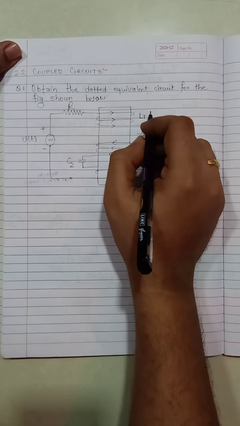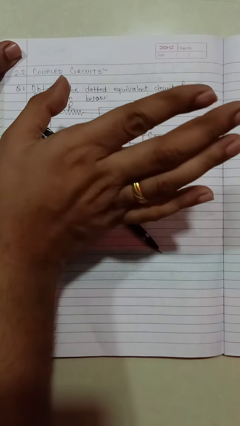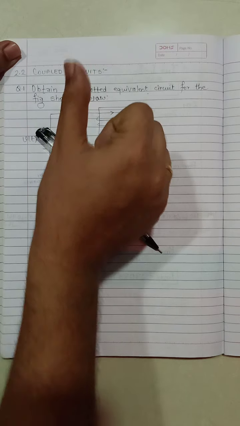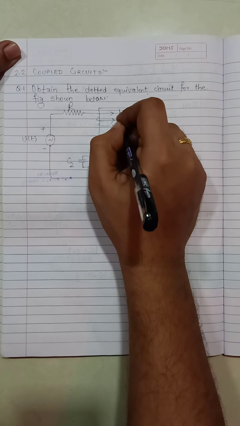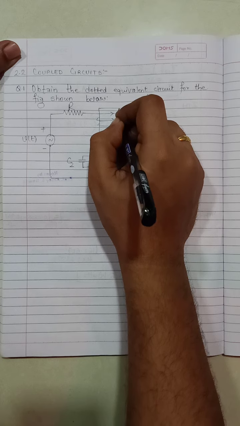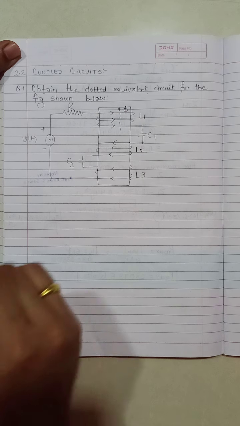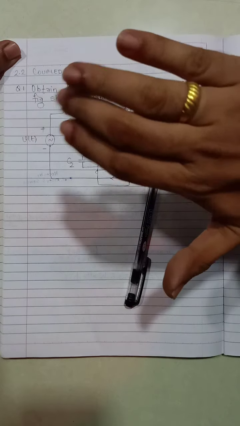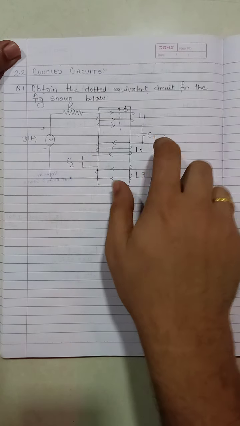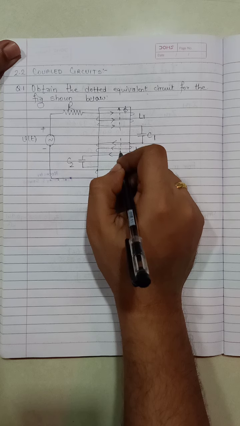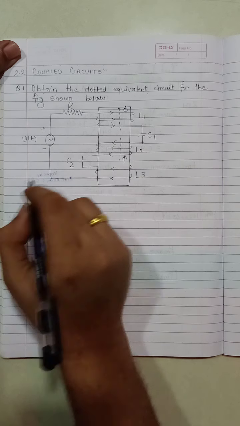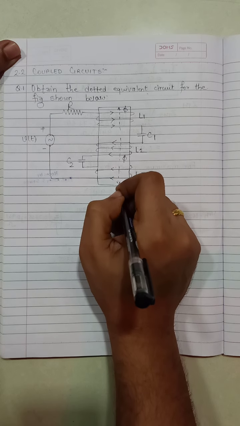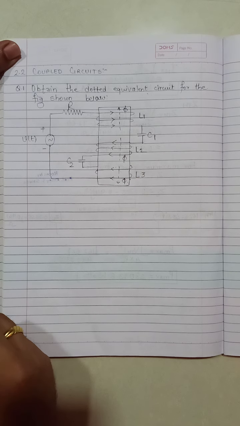So as per the right hand thumb rule, if the current is flowing in this direction, the flux will be induced in the upward direction. So I am showing it in the same diagram. Similarly, if the current is flowing in this direction, the flux will be induced in the downward direction, and in this case also the flux will be induced in the downward direction.